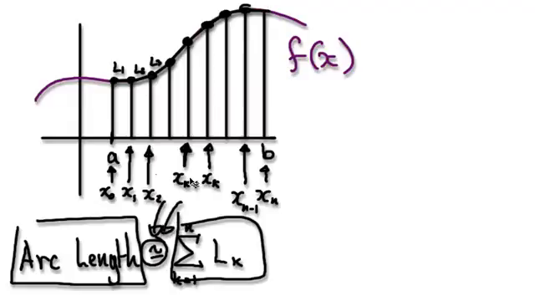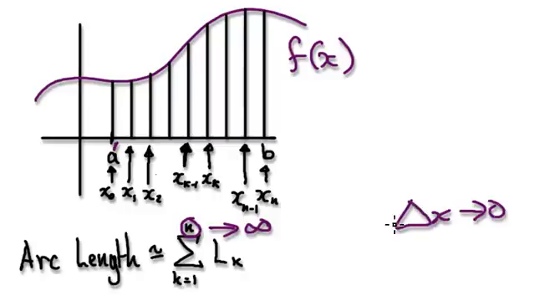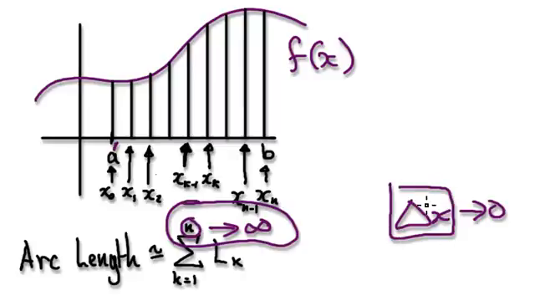It's approximately. So later on we're going to make n go to infinity, meaning delta x going to 0. When you make n head towards infinity, then delta x will automatically head towards 0.